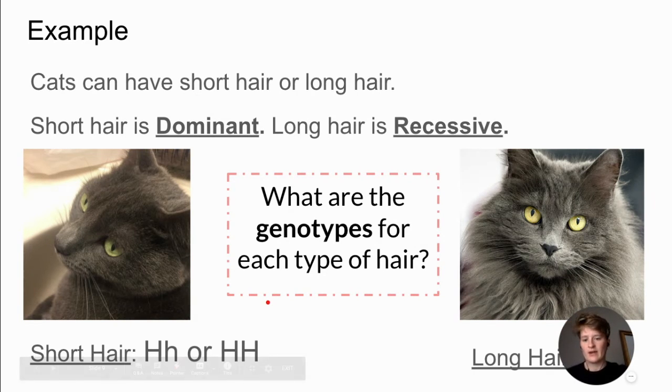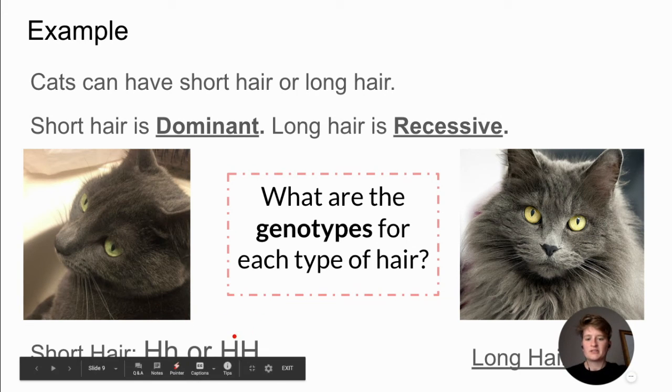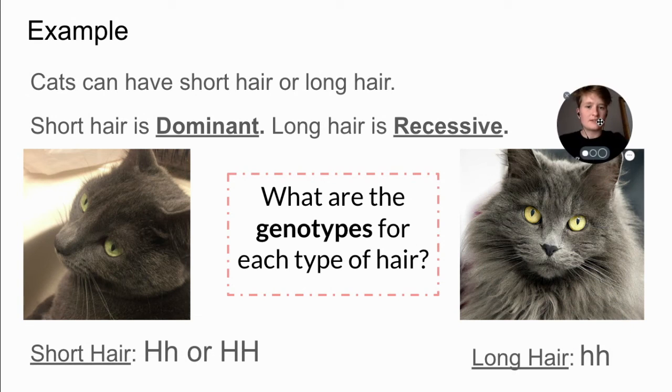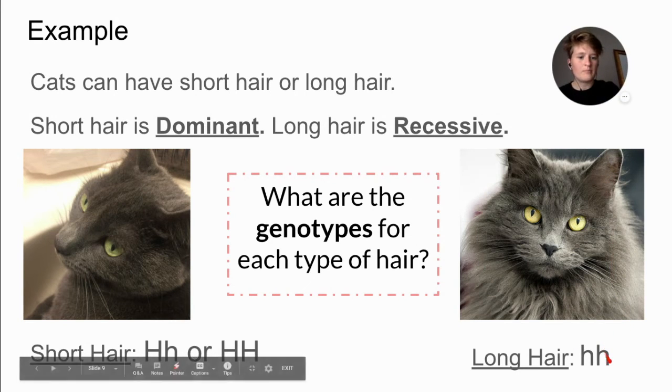To have short hair, the cat will need to have either two big H's or a big H and a little h. But to have long hair, because long hair is recessive, both letters need to be little for the cat to have long hair.